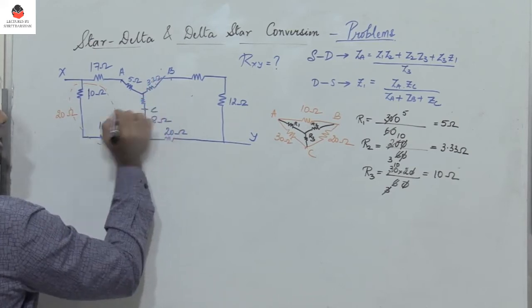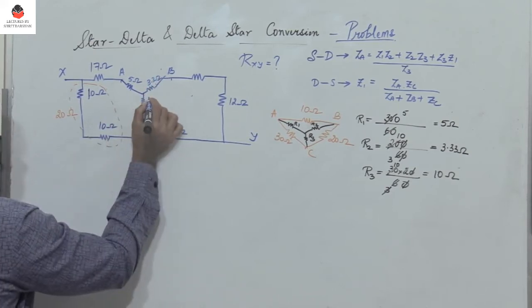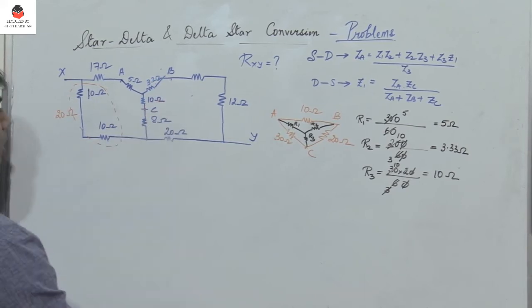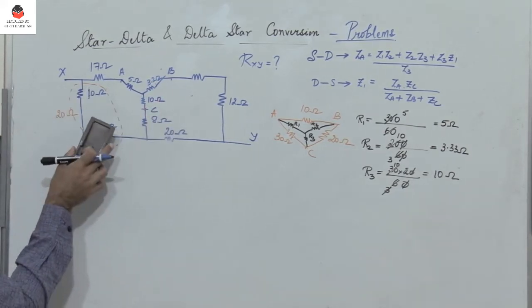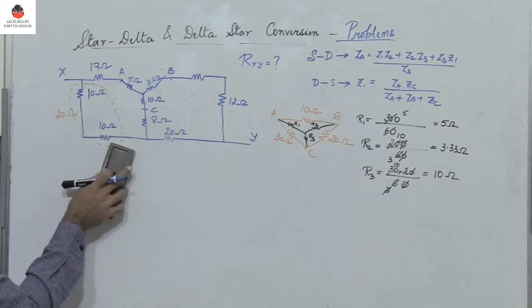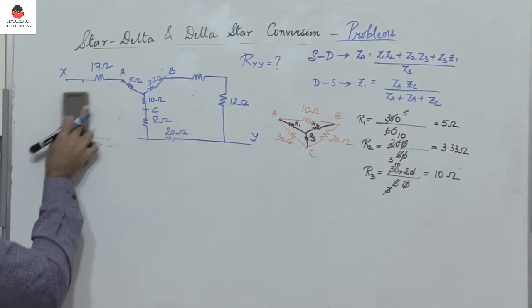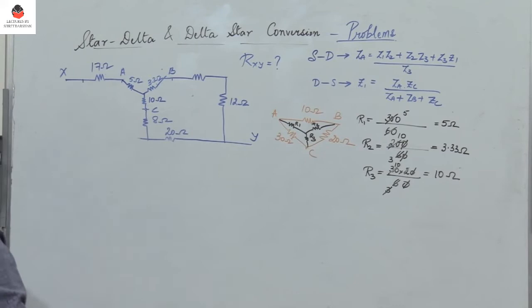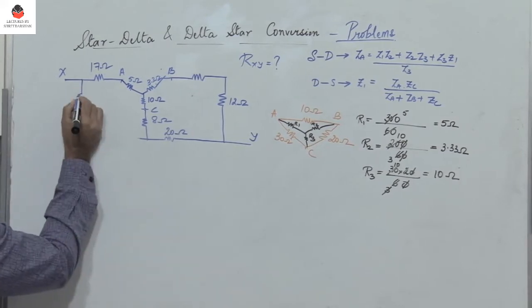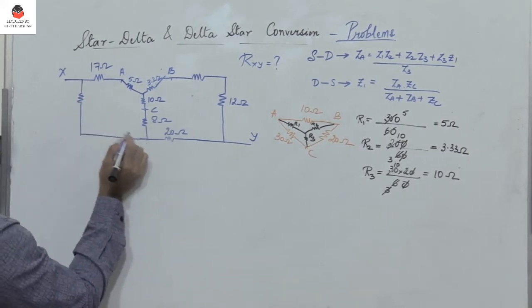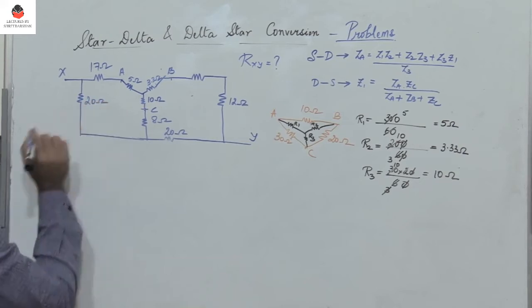And then you have another one, which is R3, which is 10 ohm. Right? Now these two resistances are definitely in series. So we have found out that it's 20. So I can replace these two resistances by a single one, which is 20 ohm.